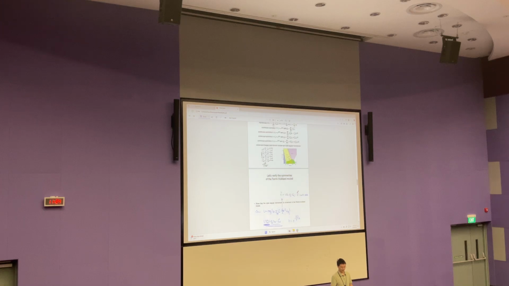A similar argument can be applied to every term here, and also here you see this kind of unitary covers these 3 cases, depending on the choice of the unit vector. If n is in the z direction, that is u2. If it's in the x direction, it is u3. If it's in the y direction, it is u4. So this shows these total angular momenta are conserved in the Fermi-Hubbard model.